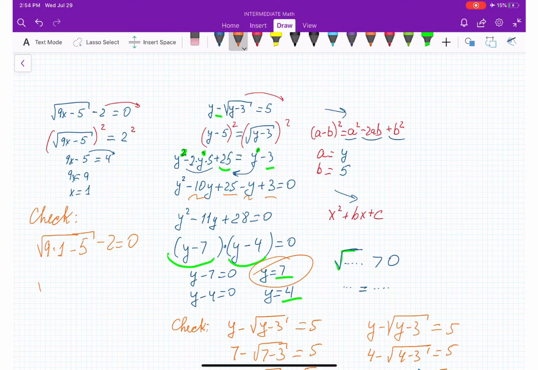Okay, so we get 9 minus square root of 9 minus 5 equal 2. 9 minus square root of 4 equal 2. 2 equal 2. Did I tell you I knew it was going to be the answer? So you need to trust me. Okay, moving on.